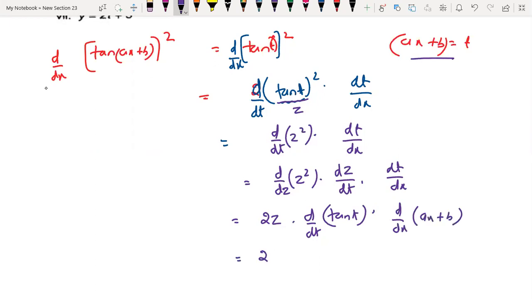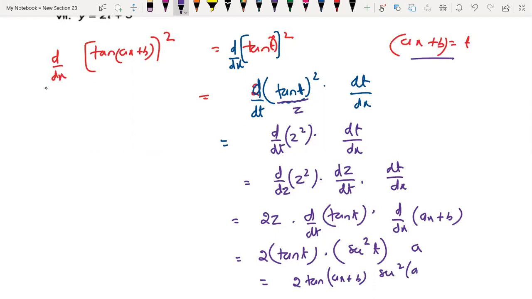It becomes 2, z was tan t. Differentiation of tan t is sec square t into a. 2 times tan ax plus b into sec square ax plus b into a.